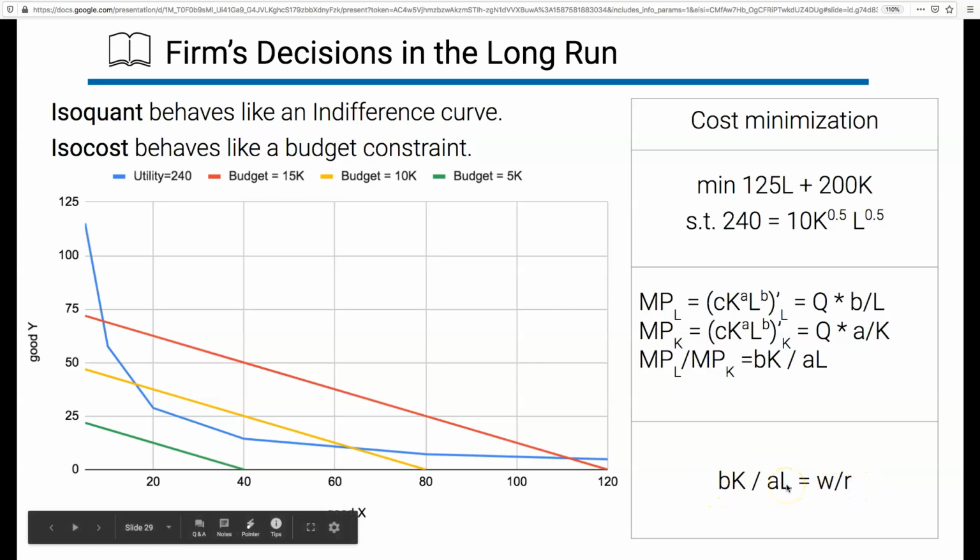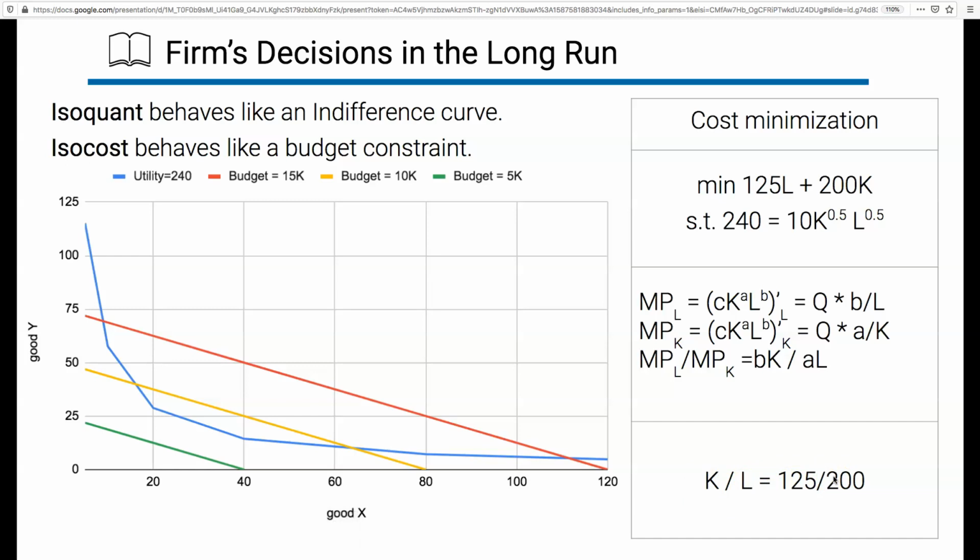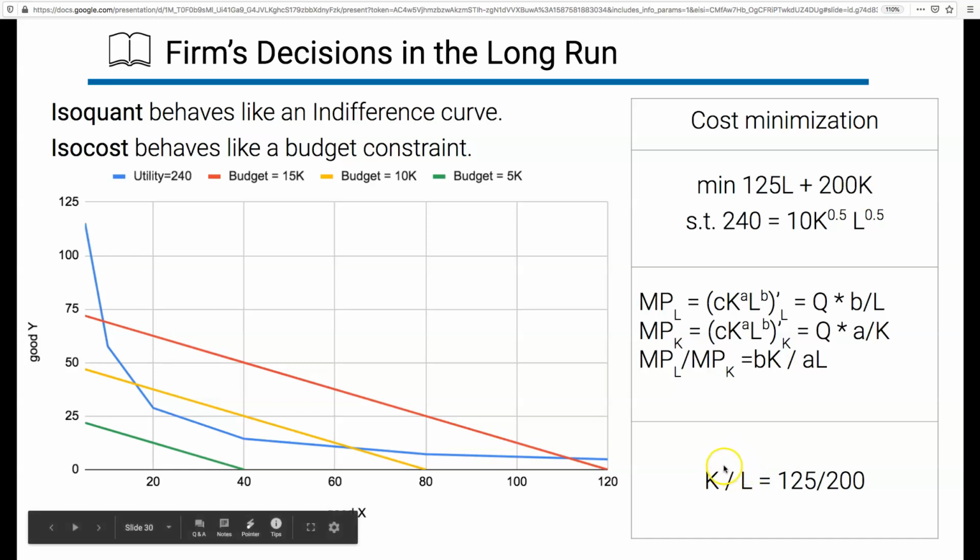B and A are 1/2 in our story, so we can get rid of those. And W and R are 125 and 200. So K over L has to be 125 over 200. So this optimal condition gives us basically the golden proportion in which capital and labor should be employed in the long run when both are available at any rate.